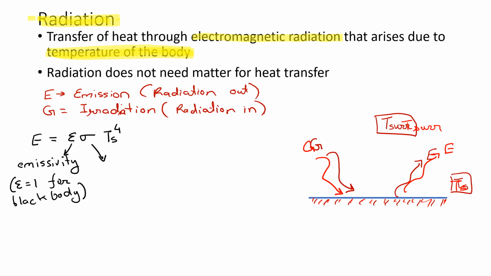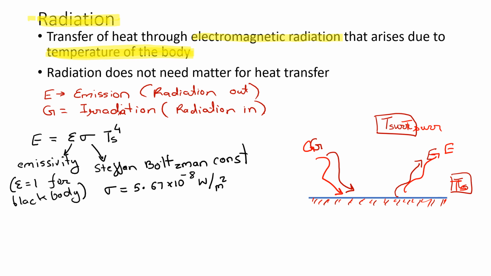Sigma is a constant. It's called the Stefan-Boltzmann constant, and the value for sigma is 5.67 into 10 to the power minus 8 watt per meter square Kelvin to the power 4, and Ts is the absolute temperature of the surface.